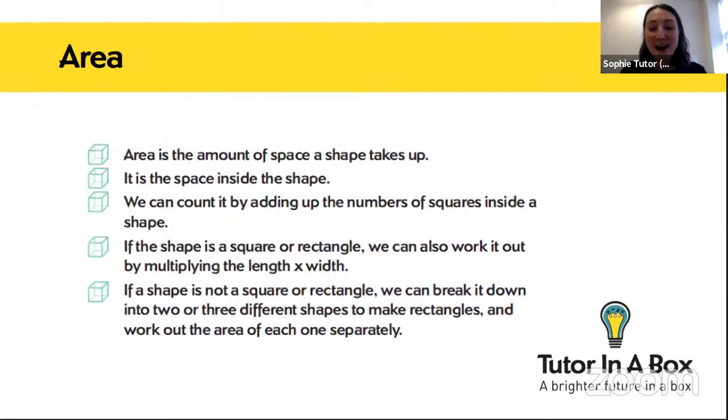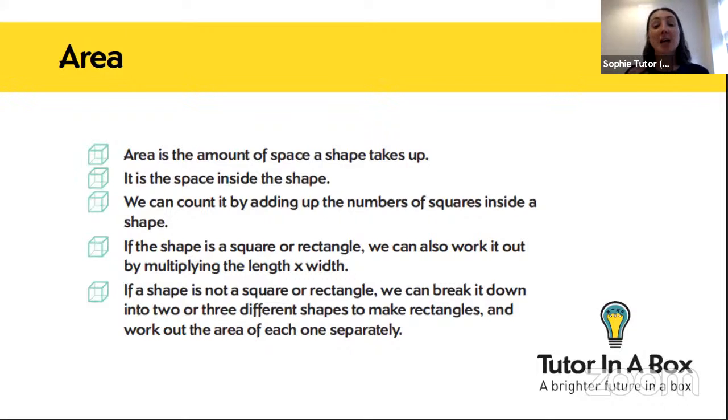So a little bit of a recap for those of you that don't know. Area is the inside bit. Area is the amount of space a shape takes up. So it's the amount of inside space. And we can count it or work it out by adding up the number of squares. If we do have squares there, then we can just count them up.